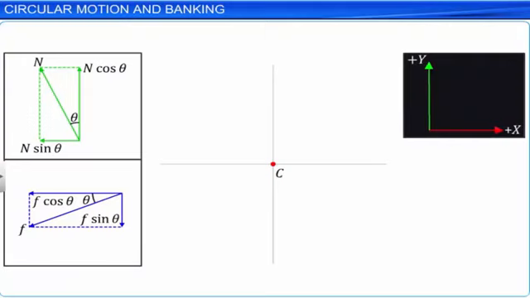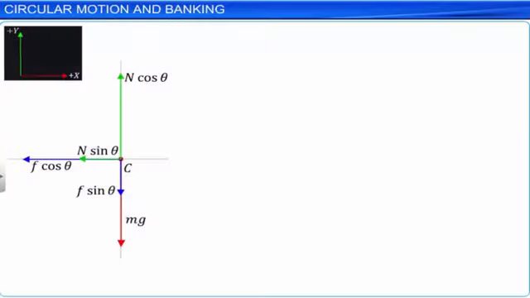We can represent all the components of all the forces at a point C, along with the weight mg as shown. As there is no motion of the car in the vertical direction, the net force acting along the y direction is equal to 0. Or N cos theta minus mg minus F sin theta is equal to 0.